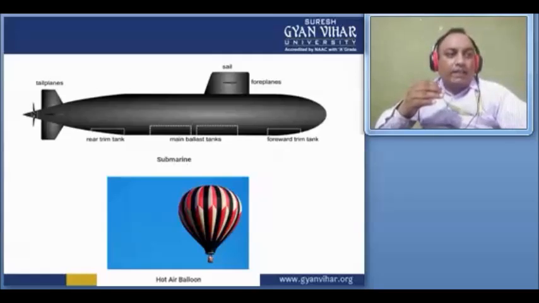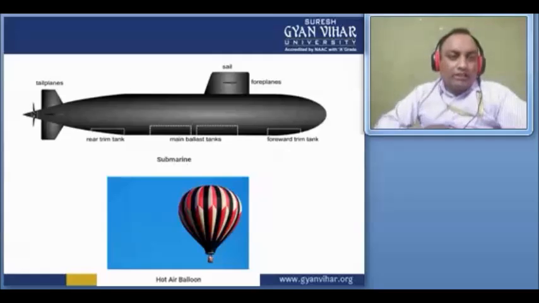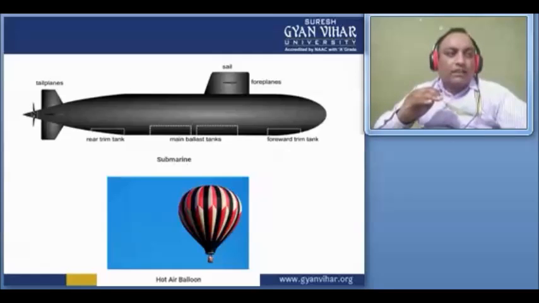A submarine submerges by letting water into the ballast tank, because the weight of the submarine increases by letting water into the ballast tank, so that its weight becomes greater than the buoyancy force.